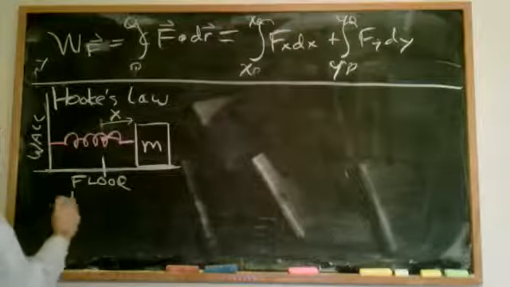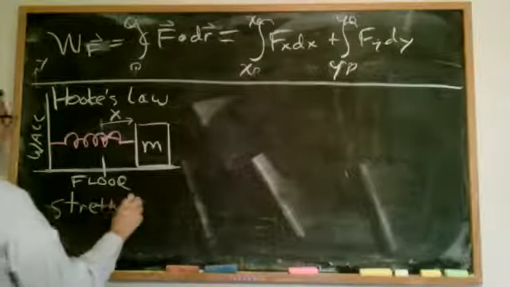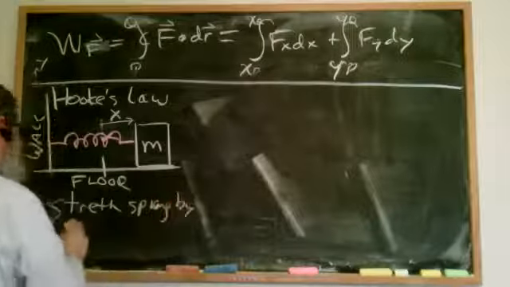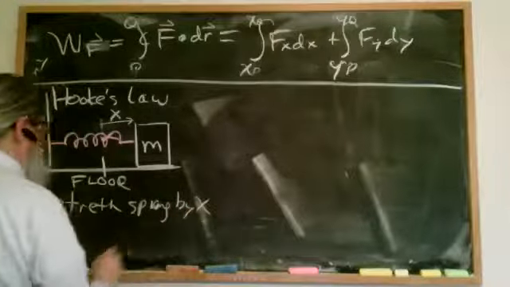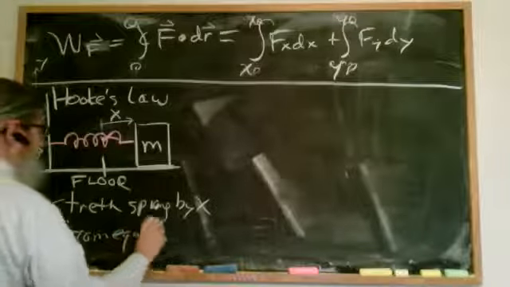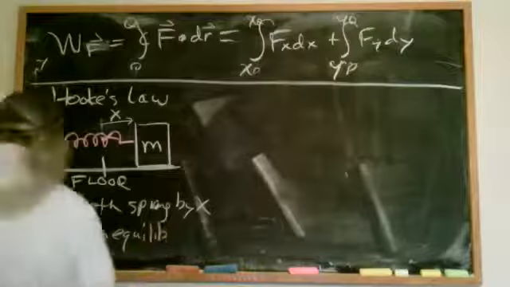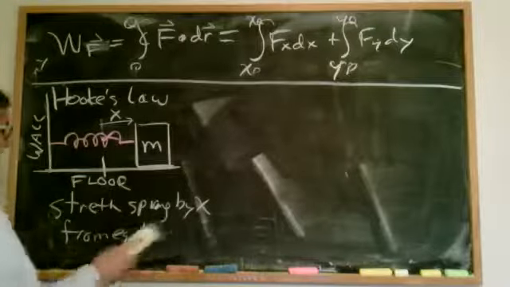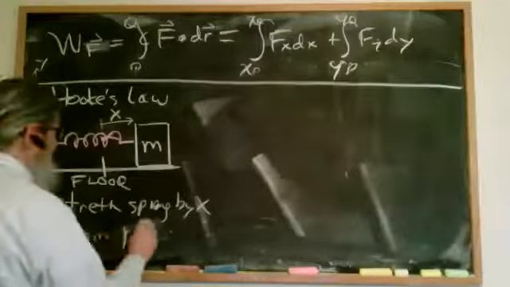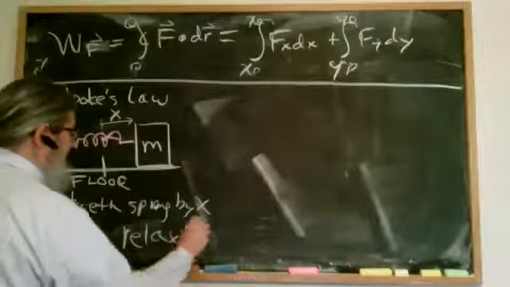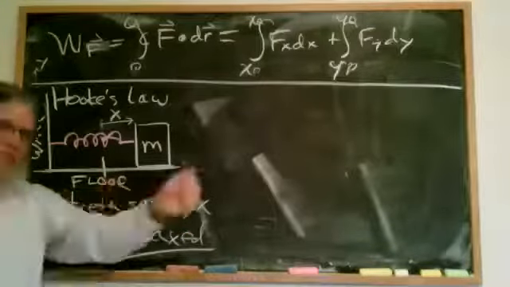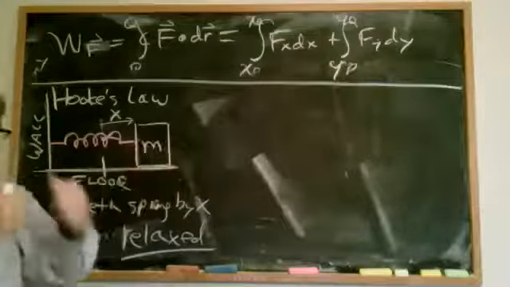So I stretch the spring by x from relaxed. I won't use the word equilibrium, I'll use relaxed, because it means something more specific. A relaxed spring is neither stretched nor compressed.